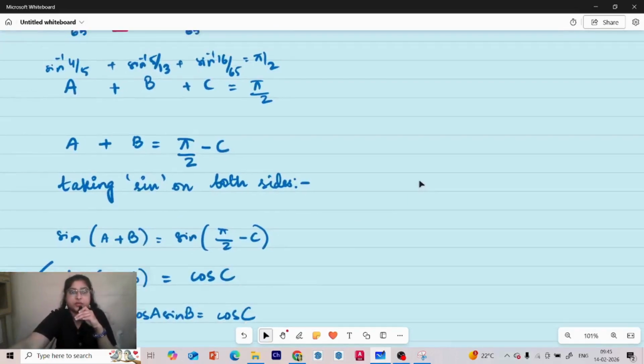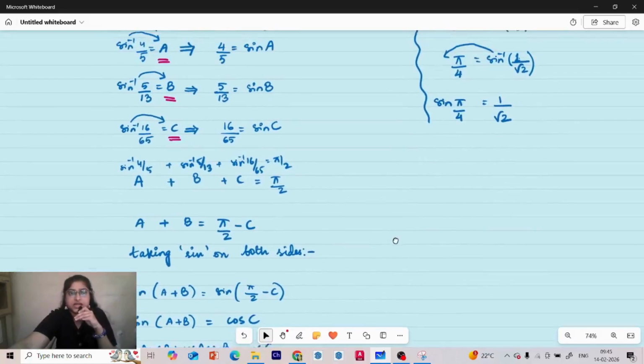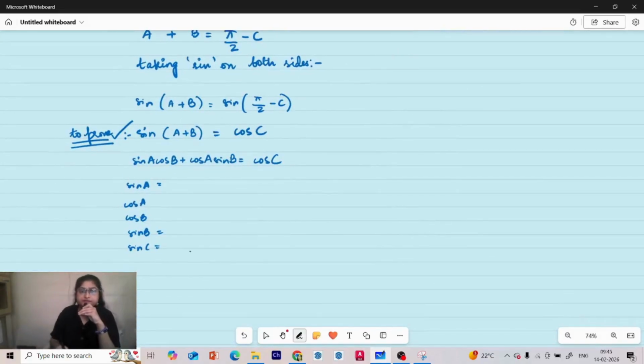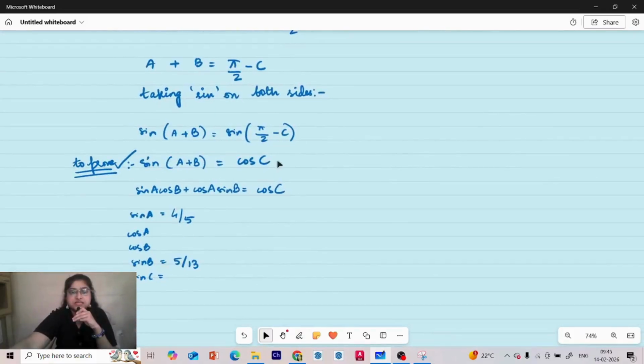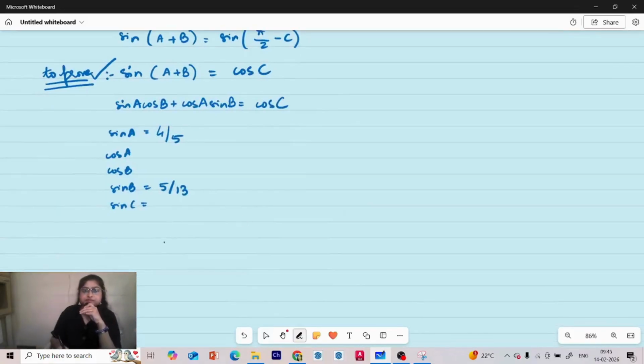We've written it from the values. Sin a is 4/5, sin b is 5/13 and sin c is 16/65. Now we have to find out the values of cos a, cos b and cos c. So let us take triangles.